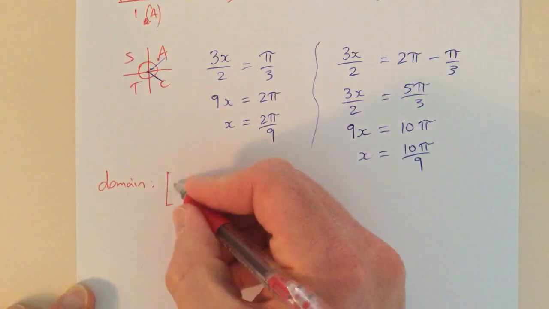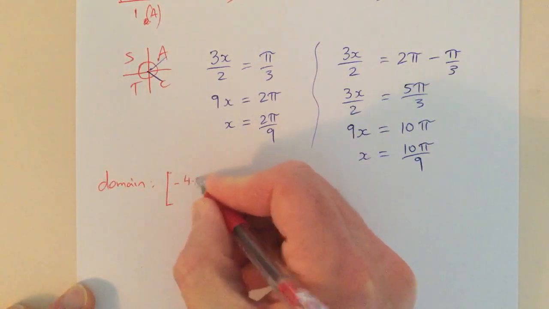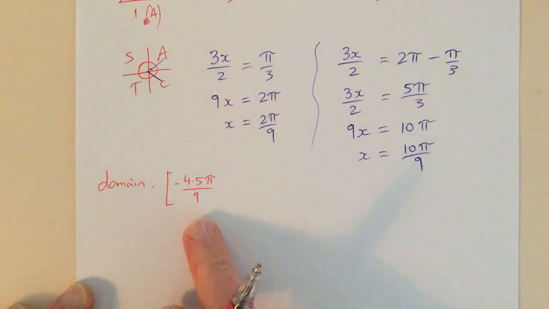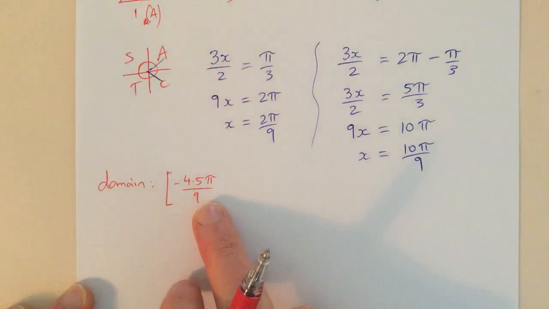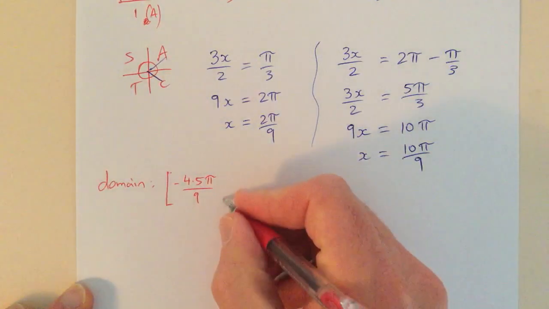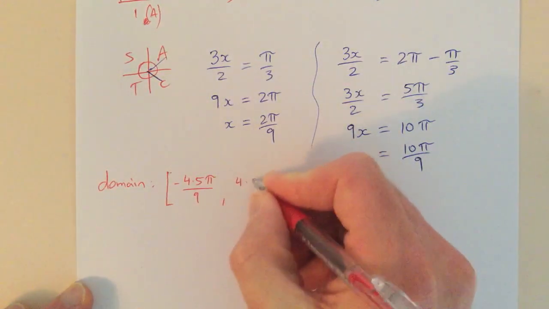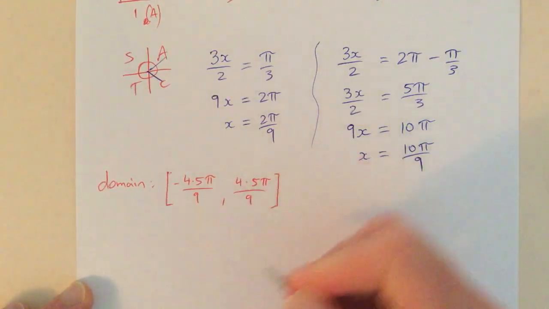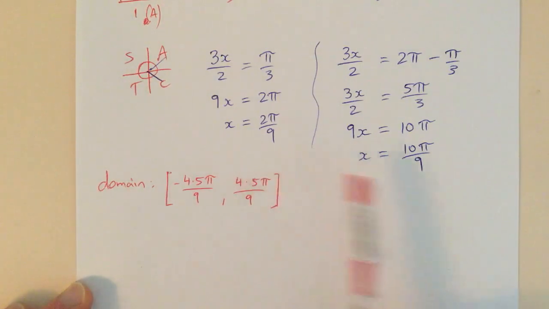We don't normally do this, but just purely for the purposes of comparing, I'm going to write pi on 2 as 4.5 pi on 9. Usually decimals within fractions is a bit of a no-no, but we're just doing it to help make some comparisons and evaluate whether our numbers are inside the domain or not.